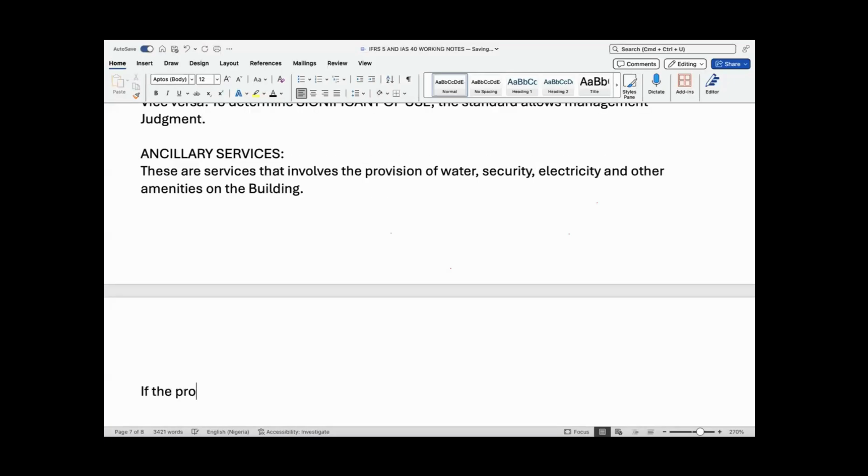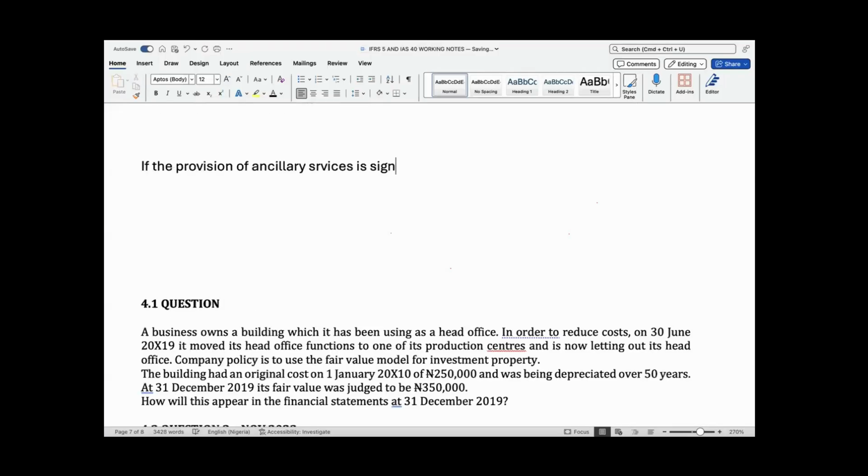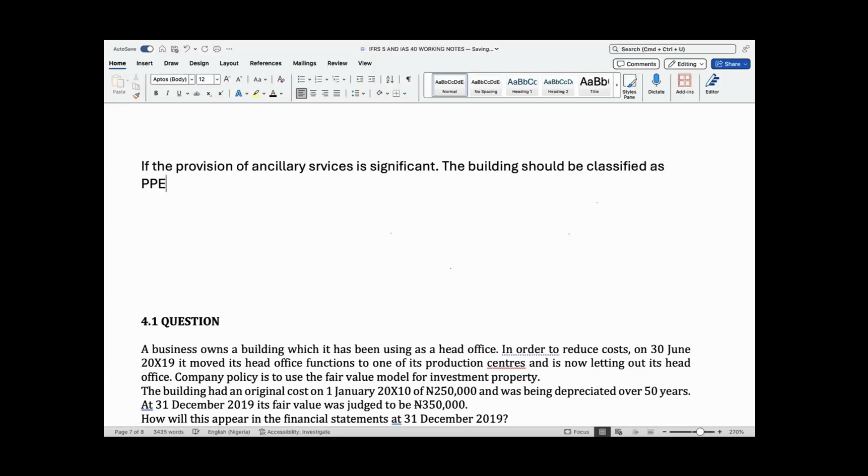If the provision of ancillary services on the building that is rented is significant, the building should be classified as PP, and if it is not significant, then in that case, the building should be classified as investment property.